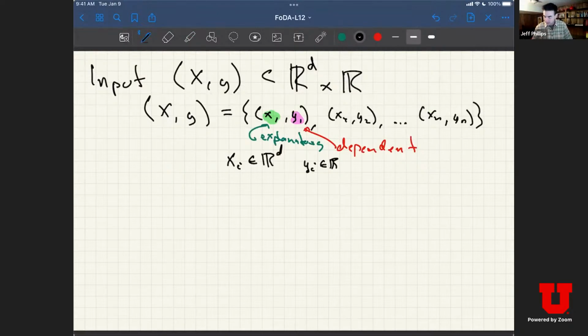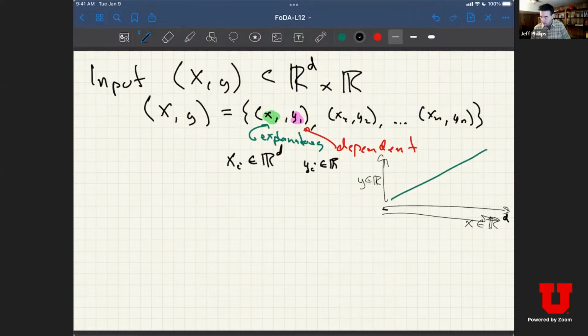Okay, so in this picture before, where x was in here and y was this prediction, now x is going to be in RD. So this is actually a d-dimensional space down here.